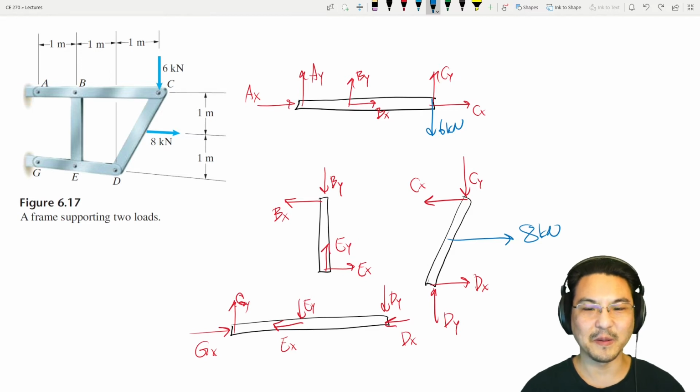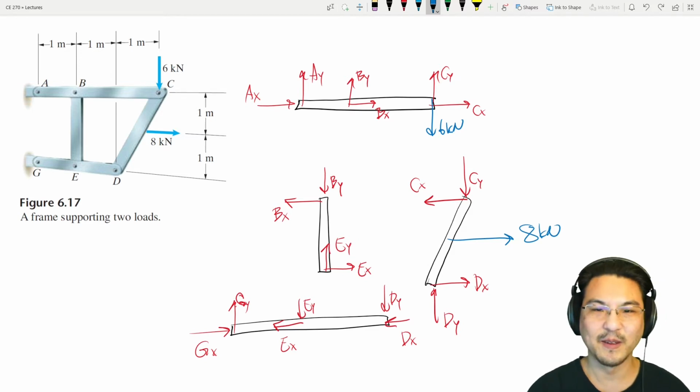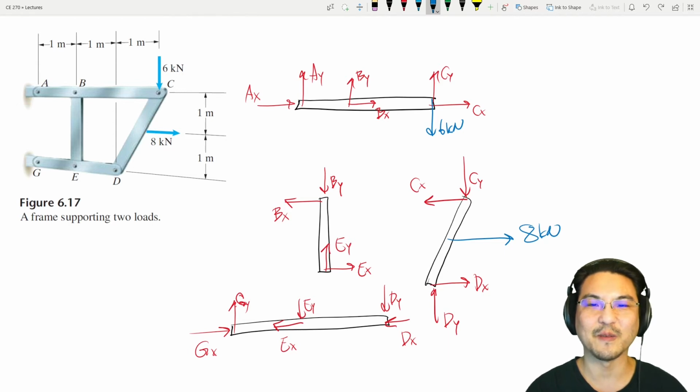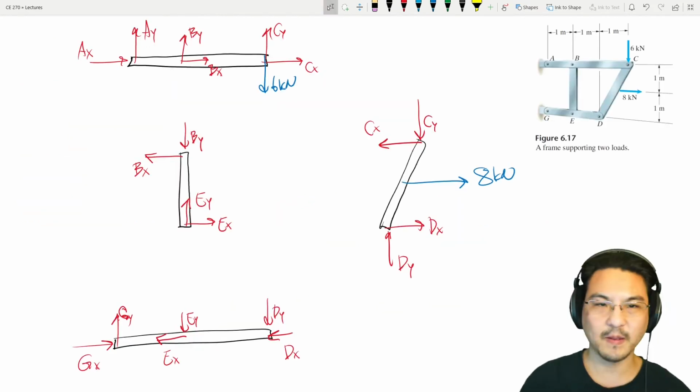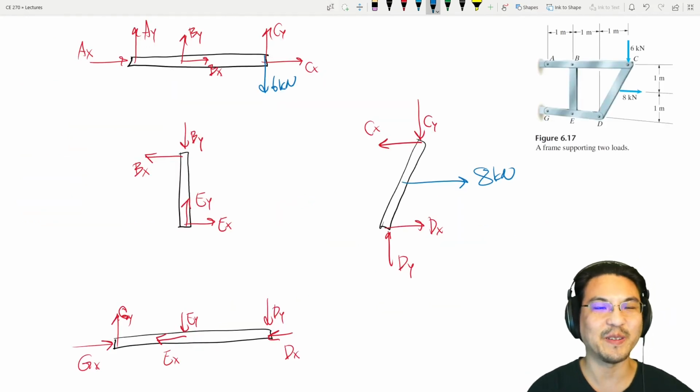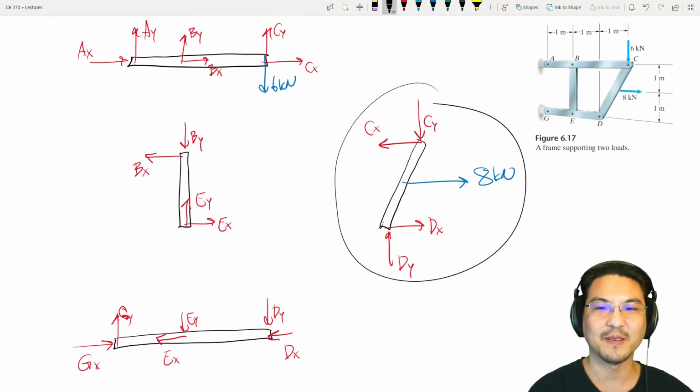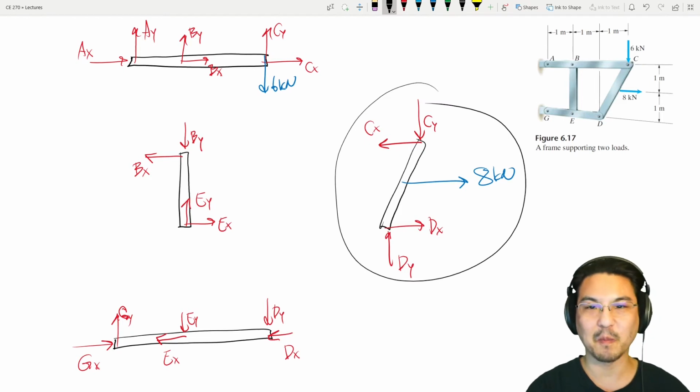Okay, so now you have these free body diagrams, and now you can write 3 equations for each free body diagram. So let me spread this out so we have more space. Okay, so there's something I need to point out that will make things simpler. This is not a 2-force member, right?